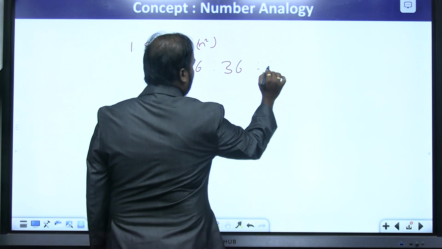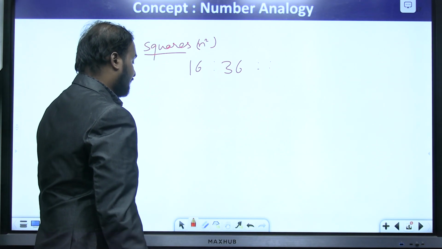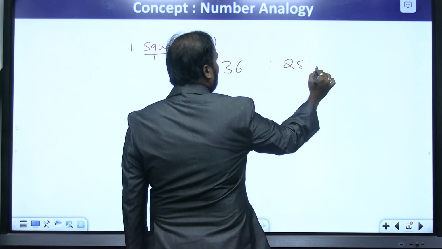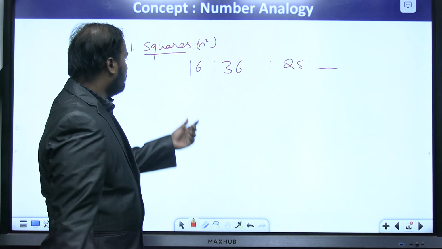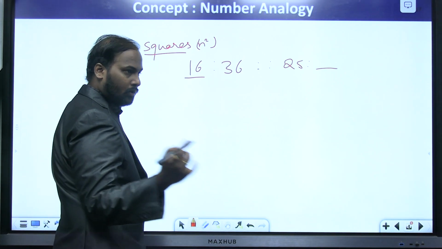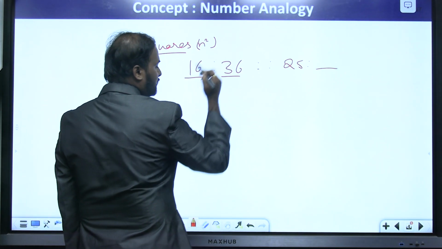In the same way, he will ask to establish the relationship for 25 and how much. The moment I see this, I know 16 is a square, and 36 is also a square.